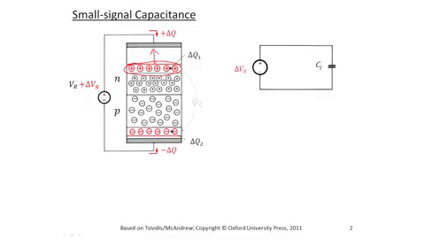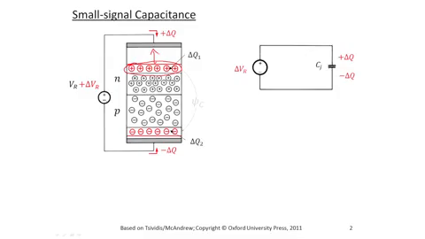The voltage will be only the change of the total reverse bias, and therefore on the plates of the capacitor we will have plus delta Q and minus delta Q. So I emphasize that this small signal equivalent circuit only relates changes to charges to changes in the voltage. It does not talk about the total charges and the total voltages.